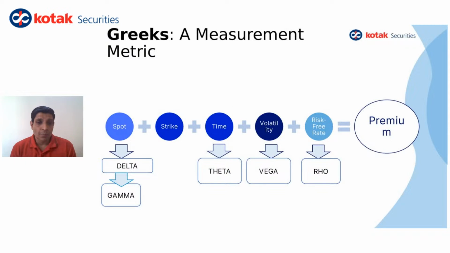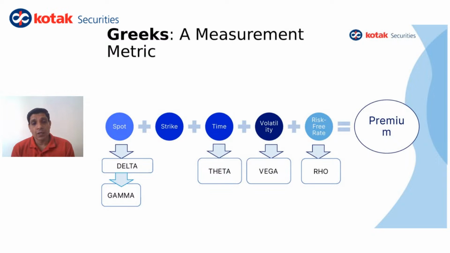So as I mentioned, the important Greeks are delta and theta and vega. These three are important because for the expiry day, this will have a major impact. The rho, which is the risk-free rate of return, will not have a significant impact because the time to expiry is just 1 day.